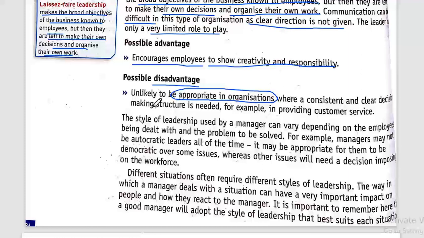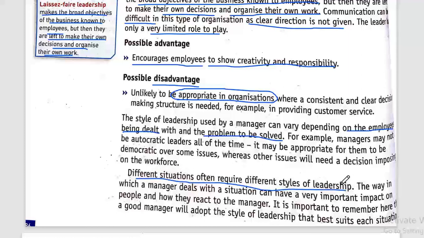So the style of leadership used by the manager can vary depending on the employees being dealt with and the problem to be solved. So based on these two points, we can choose which leadership style to use. Different situations also require different styles of leadership.